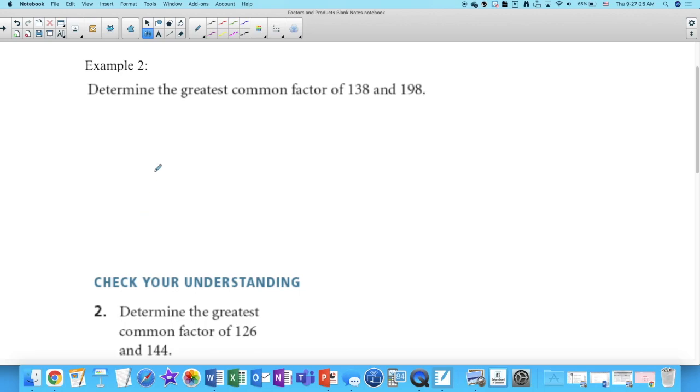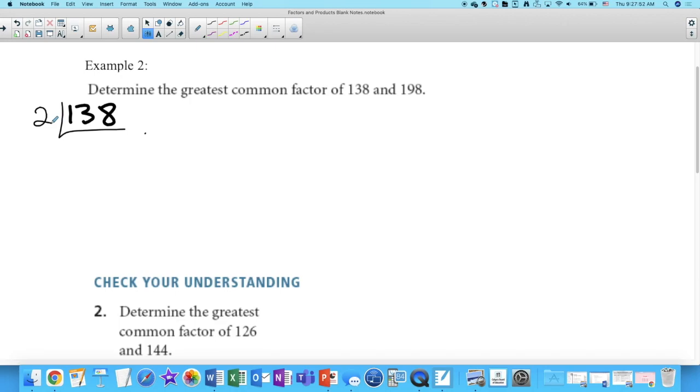Okay, so what we're going to do is look at the prime factorizations of each of those, right? So if I'm looking at 138, well, this is divisible by 2, so I can start with that. And I am going to get 69, I believe. Yeah, because 140 divided by 2 would be 70.